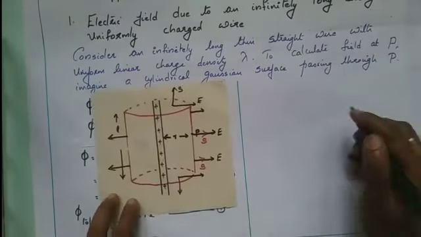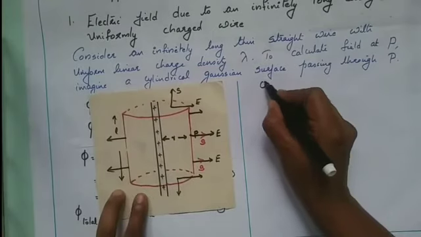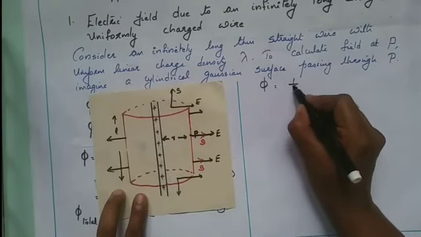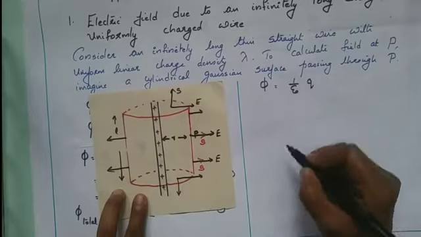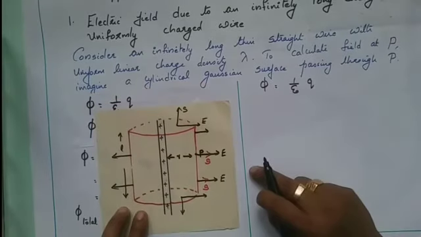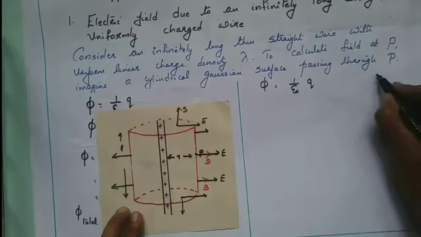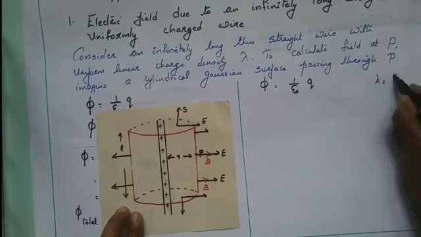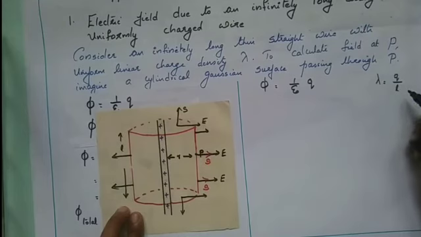Then from Gauss's theorem, we know that total electric flux is equal to 1 by epsilon 0 into Q. Since the charges are uniformly distributed on the surface of the rod, we know that linear charge density lambda is equal to charge divided by length.